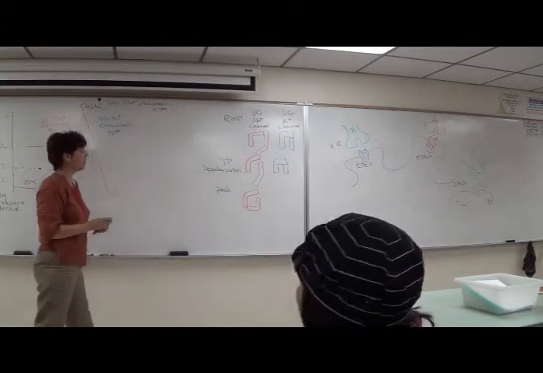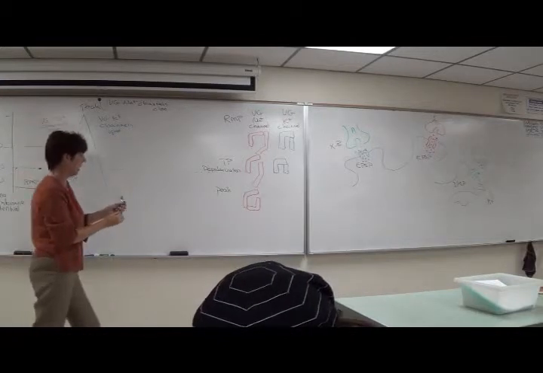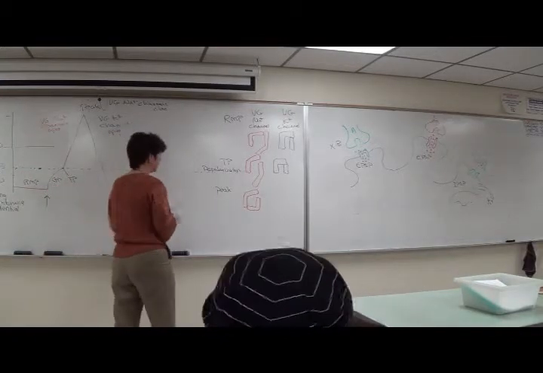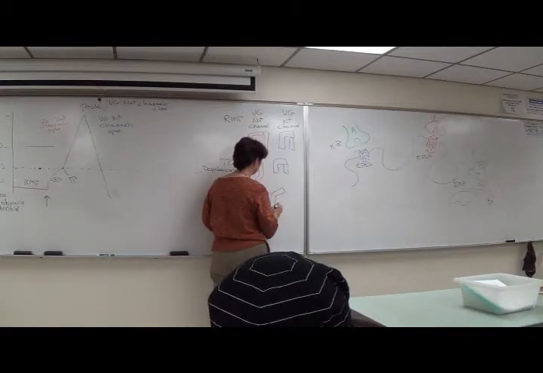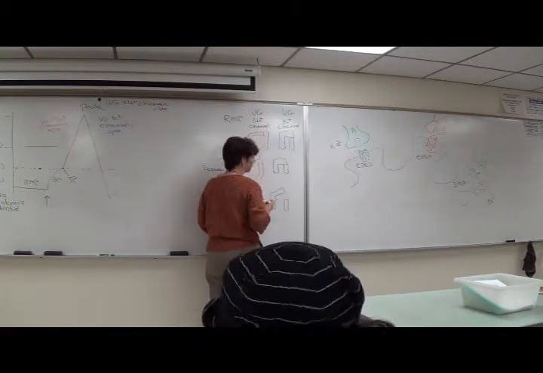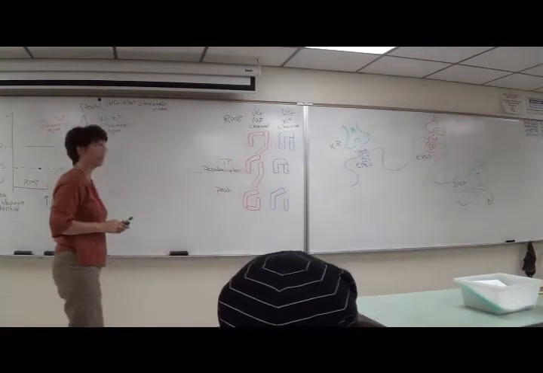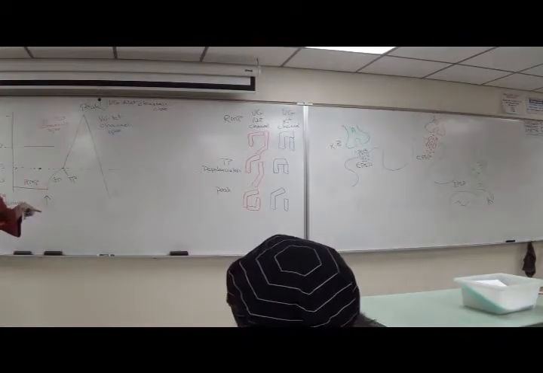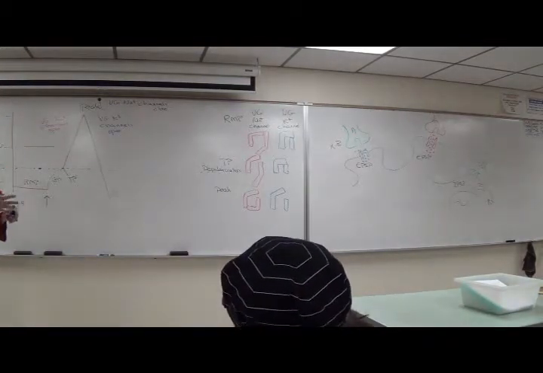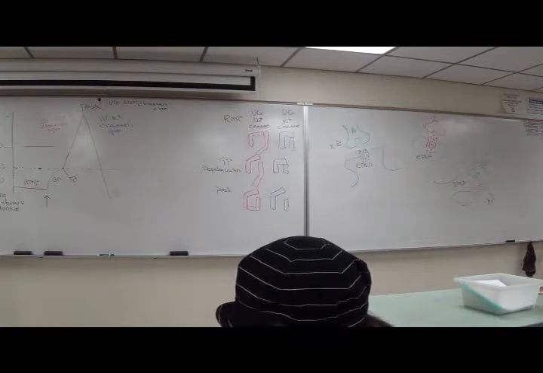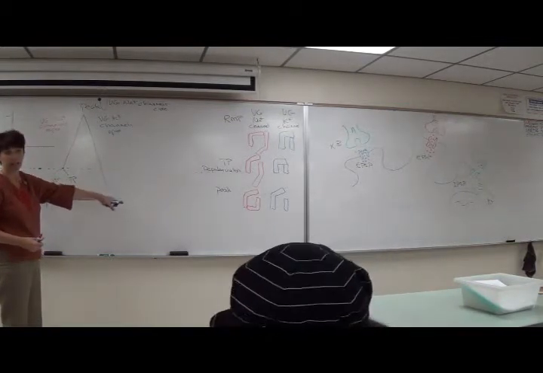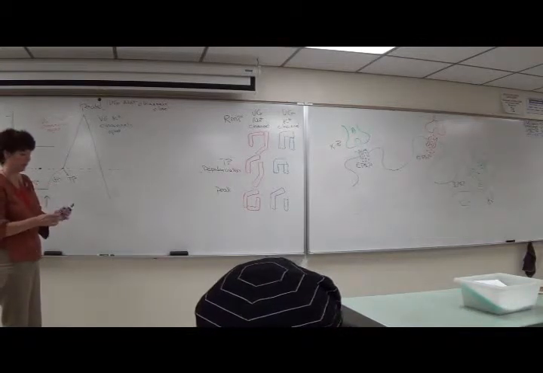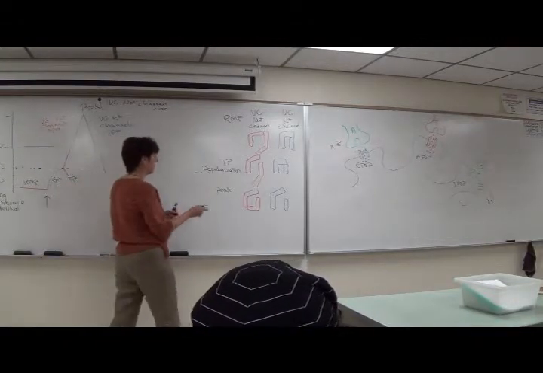So my voltage-gated sodium channels have closed, and now my voltage-gated potassium channels open. That allows potassium to leave, and so I am losing positive ions, and the inside of my cell is becoming less positive, and so this is repolarization.